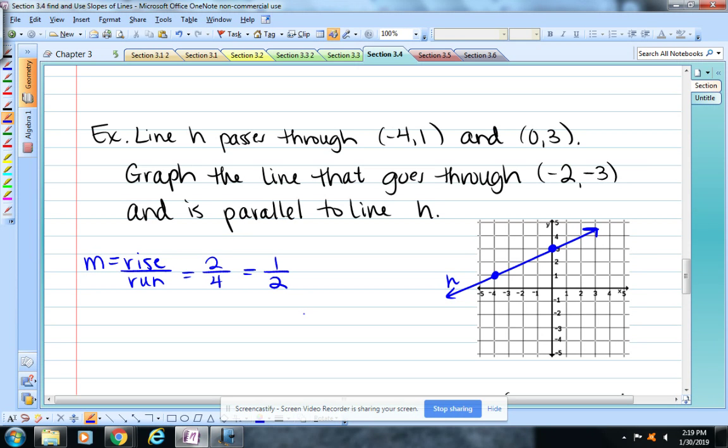Okay? So if our slope for that blue line is a half, then my line that's parallel to it will also have a slope of 1/2. Got it? Okay? So my line that's parallel to it has to go through the point -2, -3. So to the left 2, down 3 from the origin.